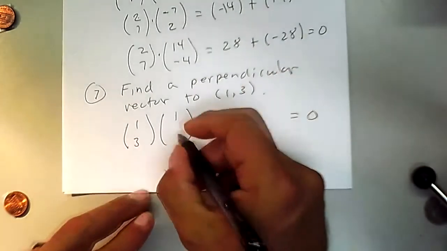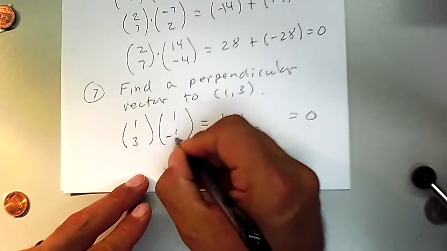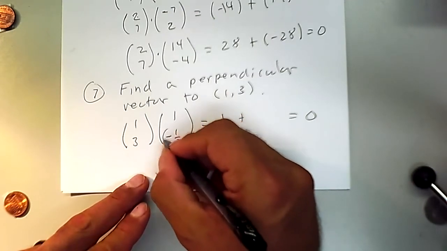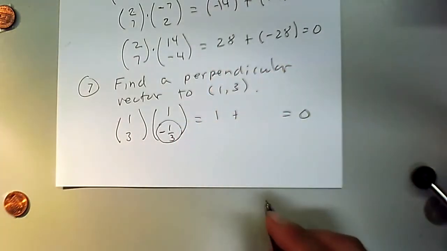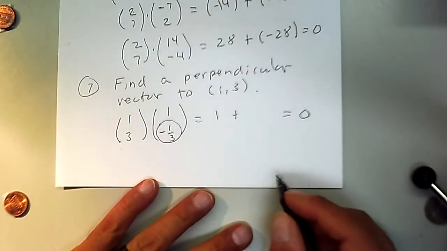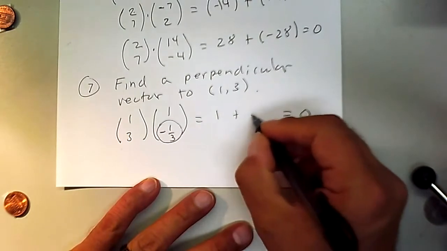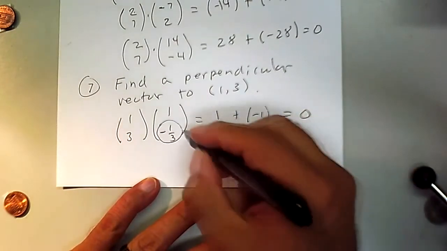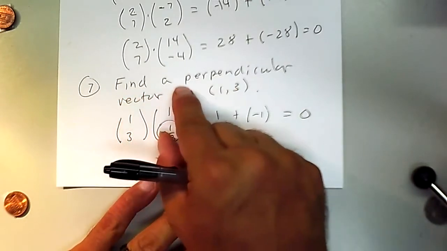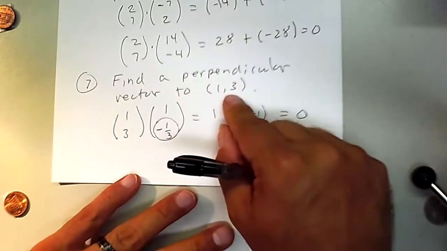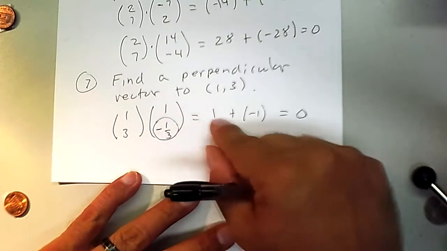Oh, the opposite reciprocal will do, -1/3. So this is not as pretty because we have a fraction, but nonetheless, it is a vector. So plus -1, that gives us 0. So one vector, if somebody asks you to find a perpendicular vector to 1, 3, this is the way you can start.